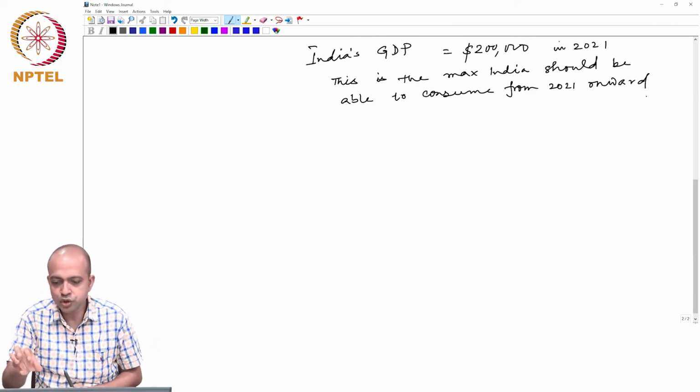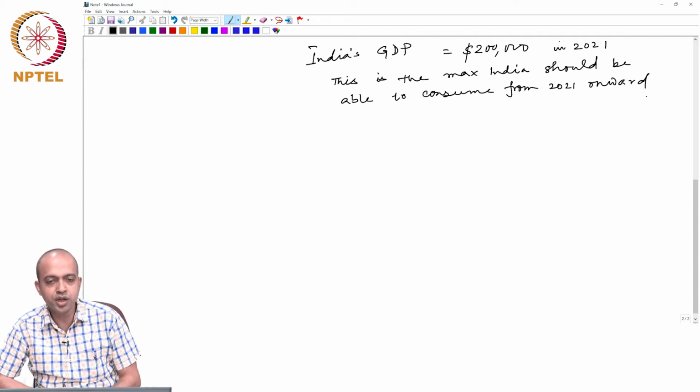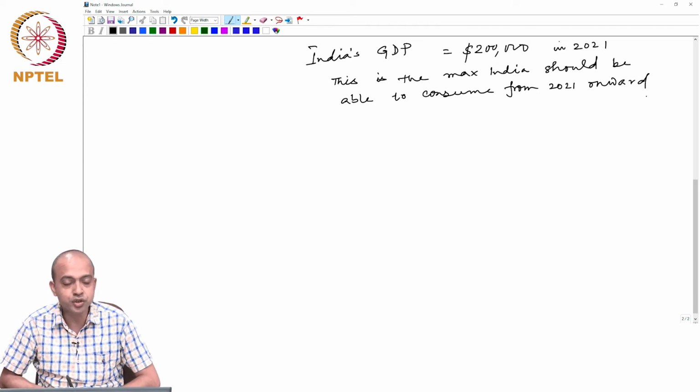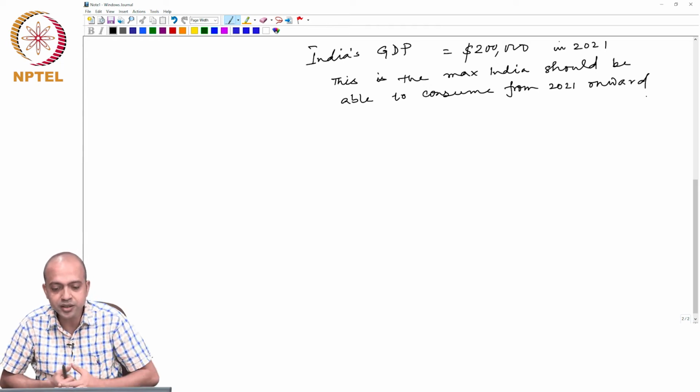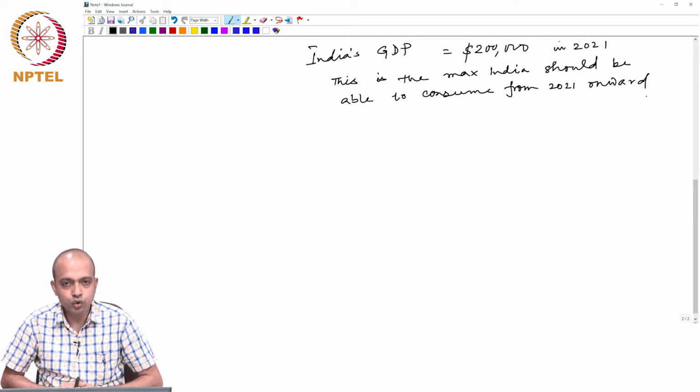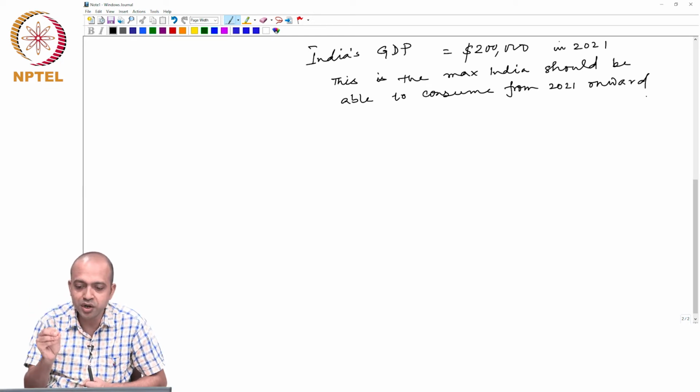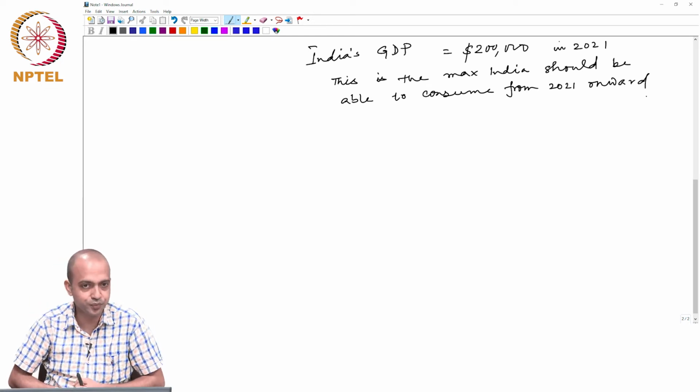Actually no, because in this 200,000 US dollar, what we are actually projecting as income, actually it is not income, because to generate this much GDP, the Indian economy has extracted many environmental resources, many important minerals, oil, coal, and so forth. So, the contribution of those environmental resources is also included here.